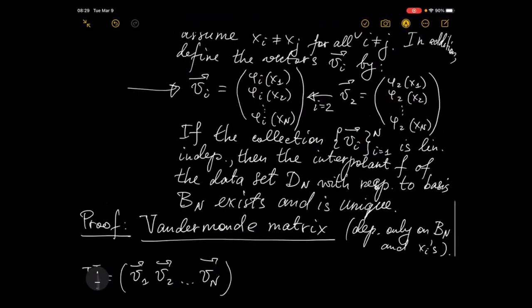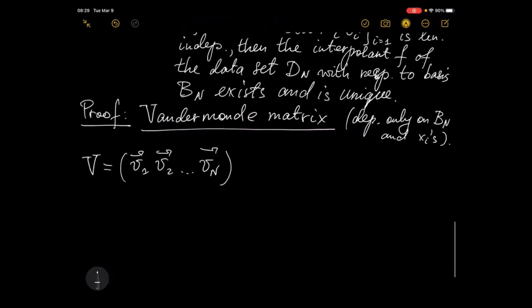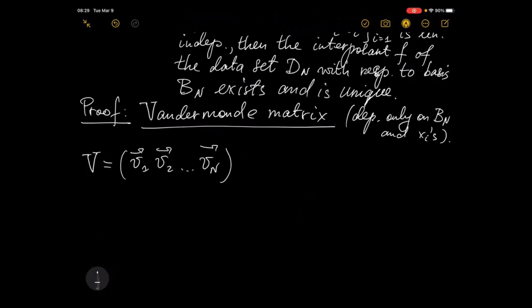Every vector contains n entries, so it belongs to Rn, right? As a result, we have here n vectors, so this is an n by n matrix, right?